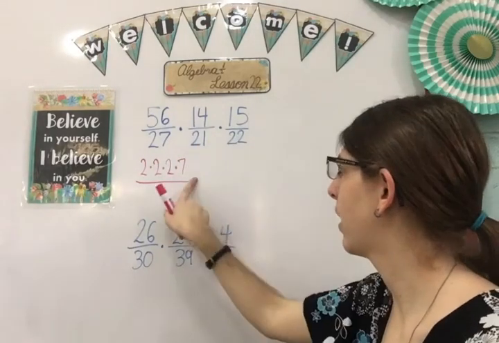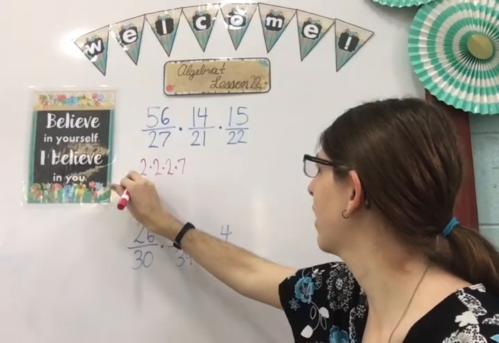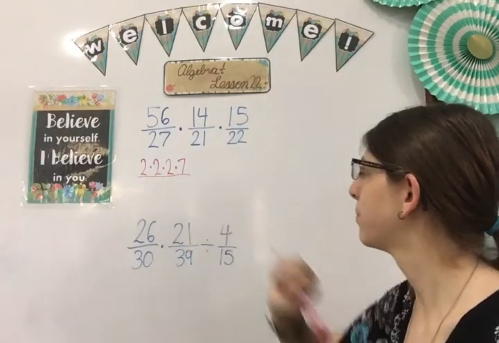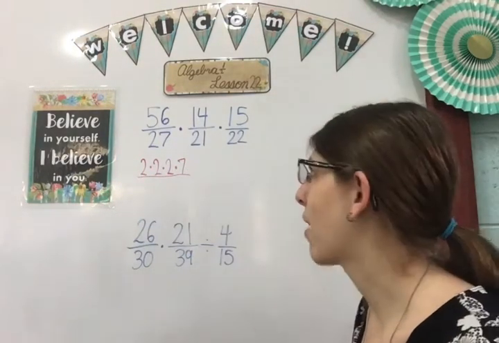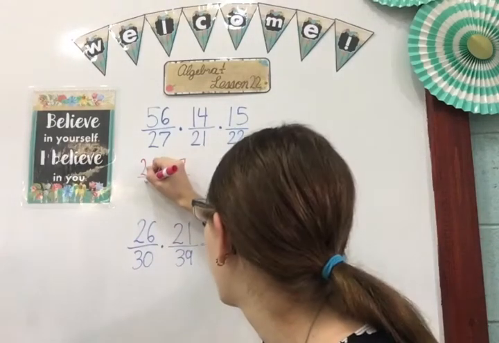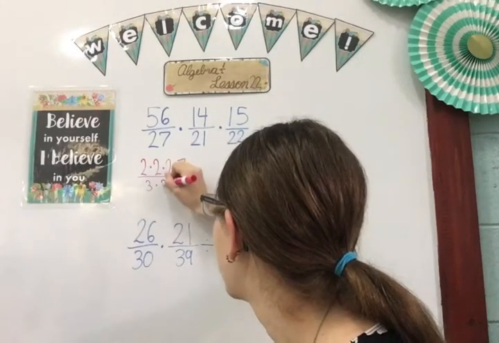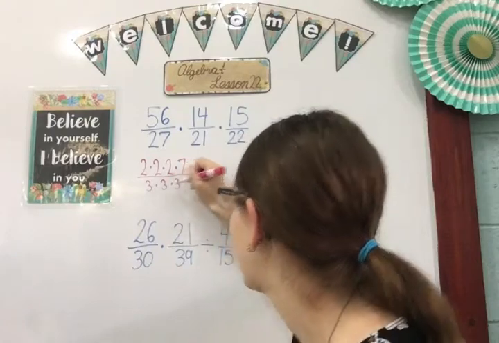Okay? Oops, I wrote that a little too low. I want to bring that up a little higher. Okay. Then 27. The prime factors of 27 would be 3 times 3 times 3.